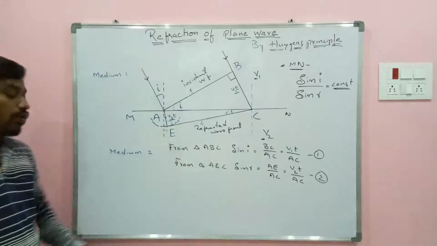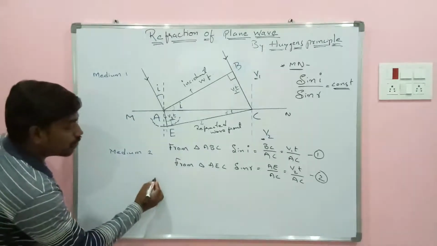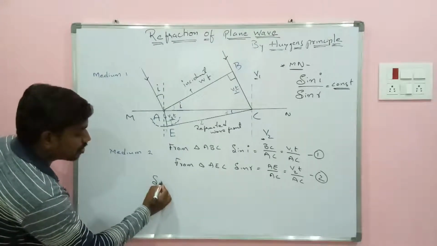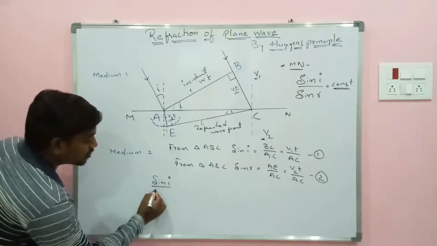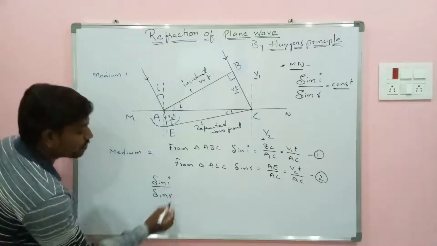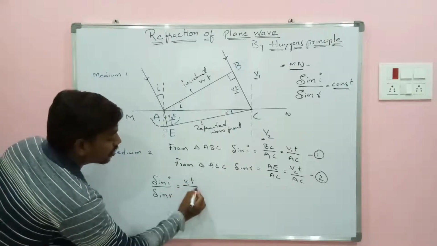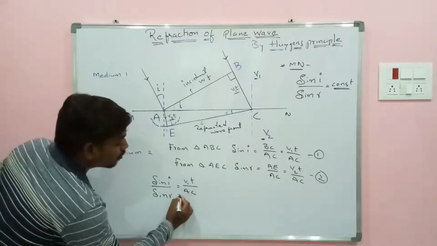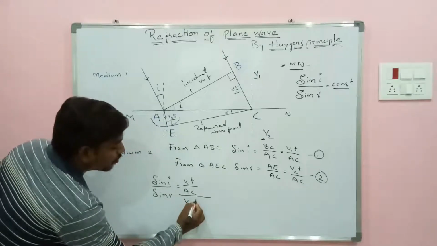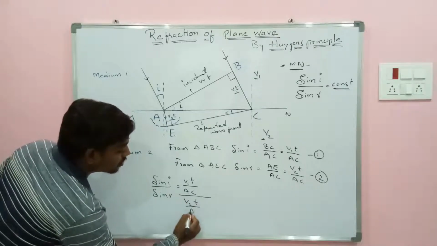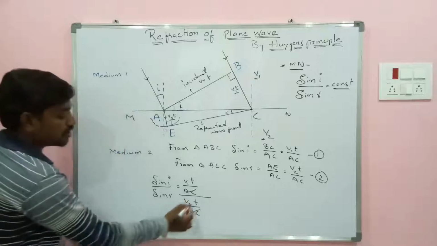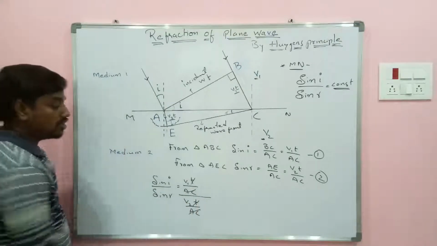By dividing equation 1 by equation 2, we get sine of the angle of incidence by sine of the angle of refraction is equal to v1t by AC whole divided by v2t by AC. AC and t will be cancelled.